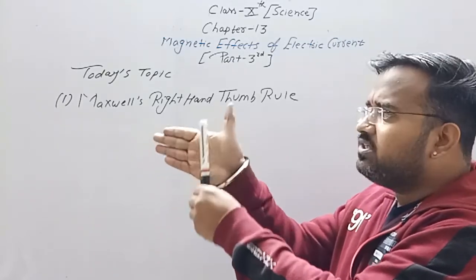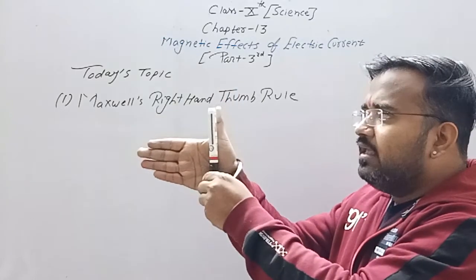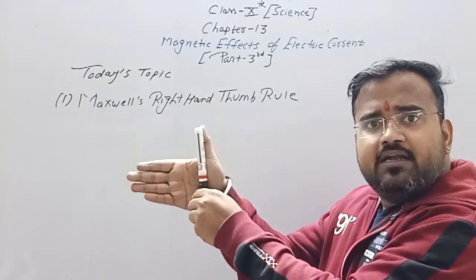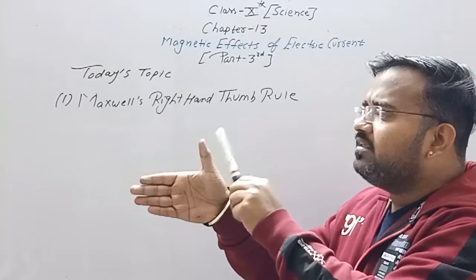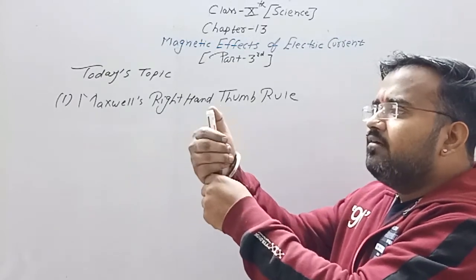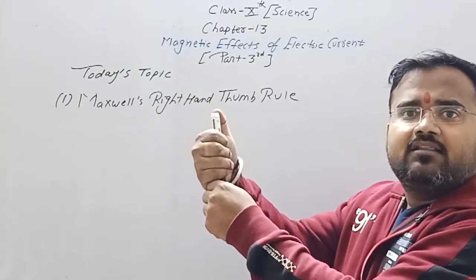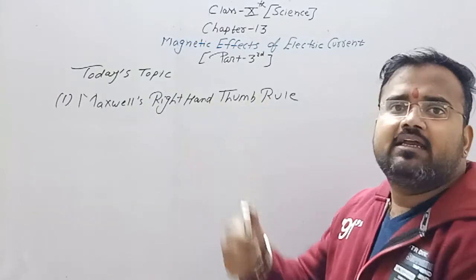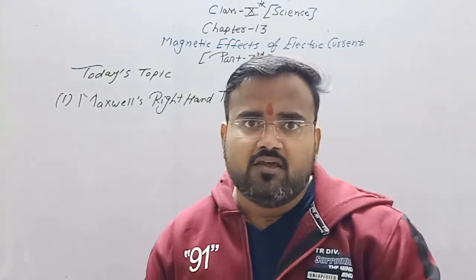Our thumb is upward in the direction of the current, and the finger encircling the conductor indicates the magnetic field lines.